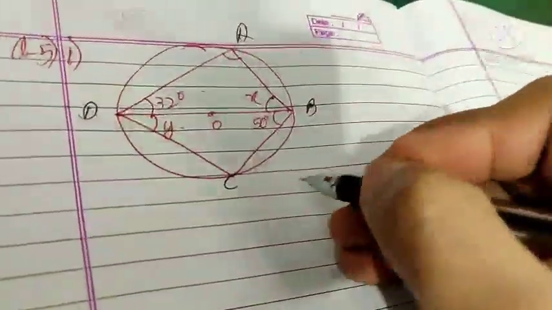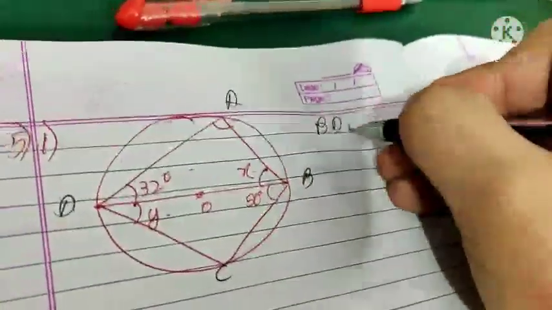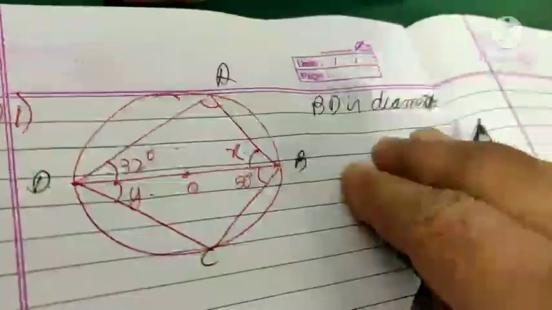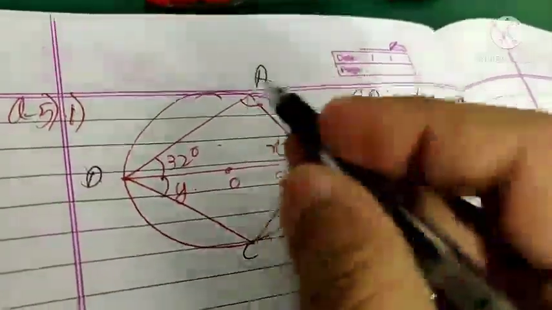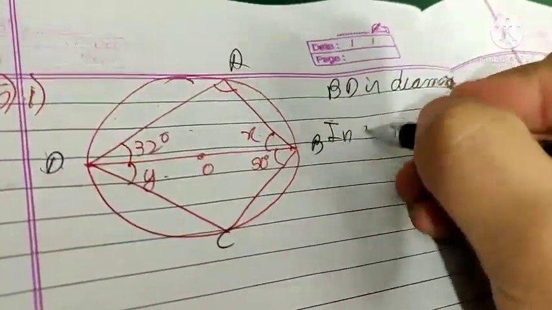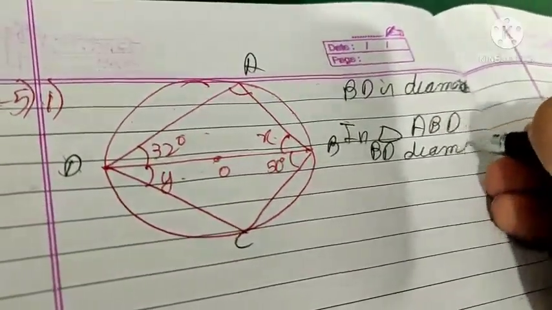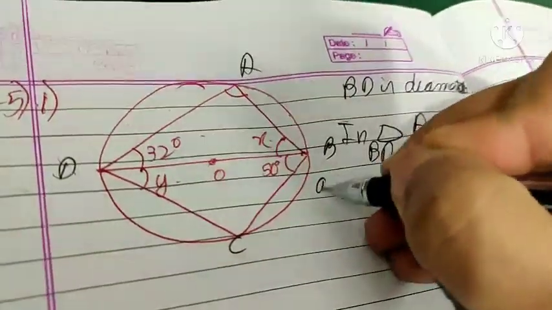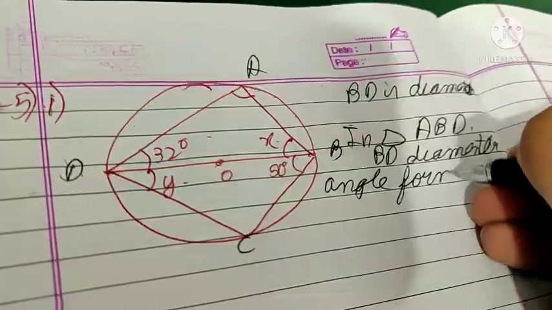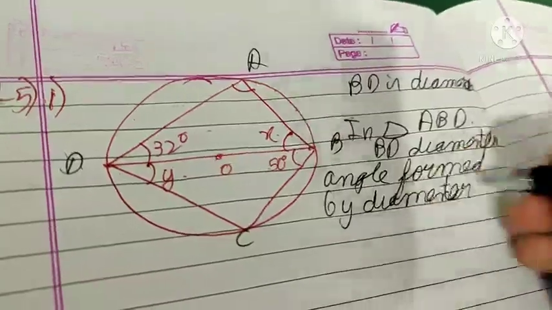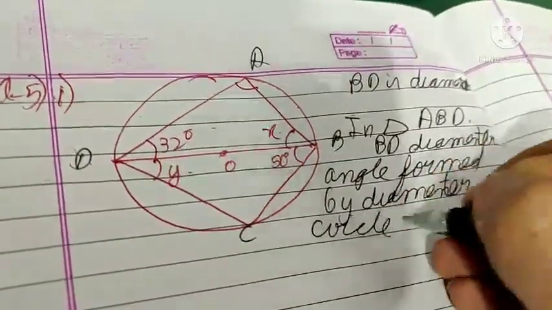If I name the points A, B, C and D, we see that BD is the diameter. Now in triangle ABD, BD is the diameter, and the angle formed by the diameter on the circle is 90 degrees.